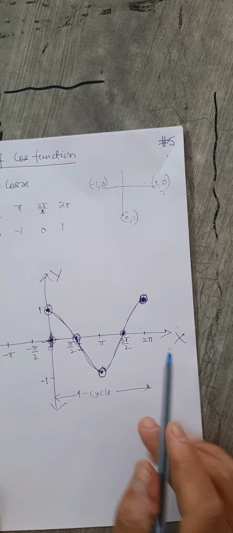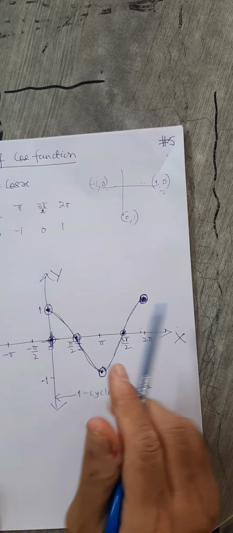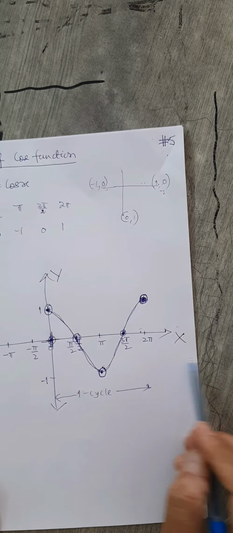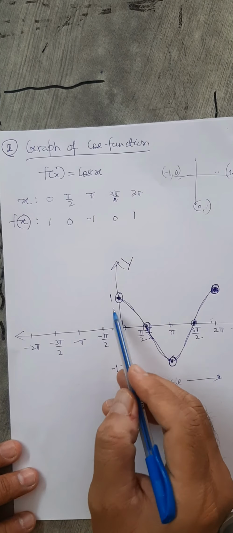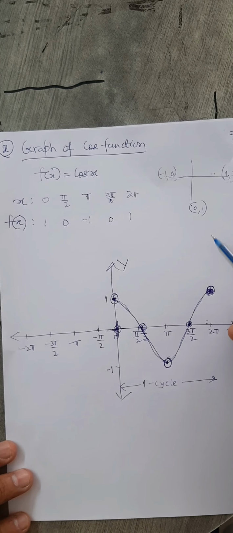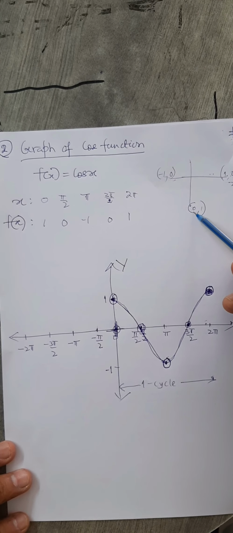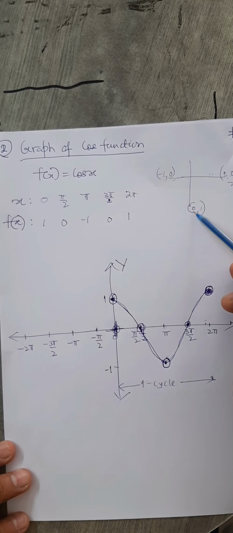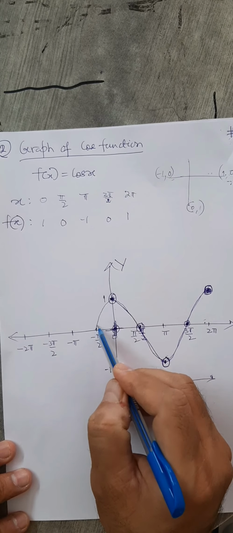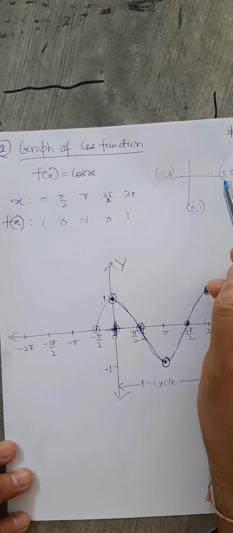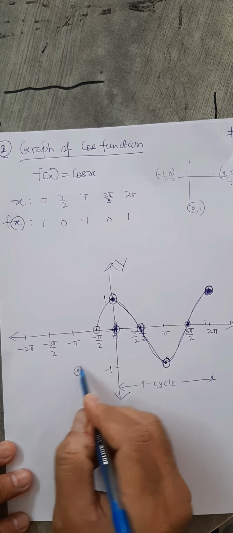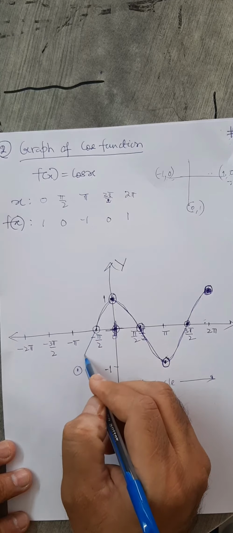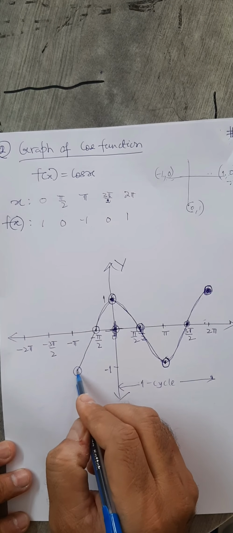If you want to draw here 2 pi to 4 pi, you just cut this and paste there, so that way it continues. Here it is again the copy paste of this. Minus pi by 2 on the unit circle, it is here 0, first coordinate cosine function, so graph will come down. Then come to minus pi, it is minus 1, so graph is here, then like this here.